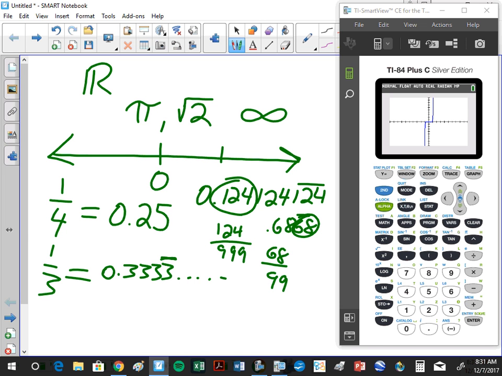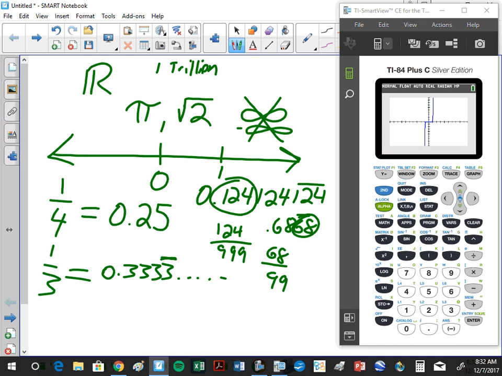If I had 1 trillion, does that fit on the number line? Yes. If this is 1, then we'd have to go a long way to find it. But we could find it. It exists. But infinity doesn't. Infinity is more of an idea than an actual number, but it certainly is not on the real number line. So we say infinity and its negative counterpart are not real numbers because they're not on the number line.